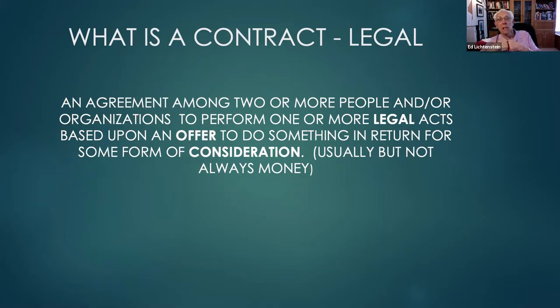A minor is limited in what kind of contract they can sign. A fully functioning adult can make any kind of a contract they want. Now, a bet is not necessarily a contract.